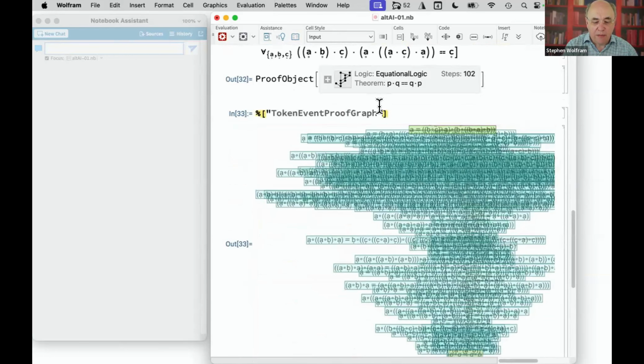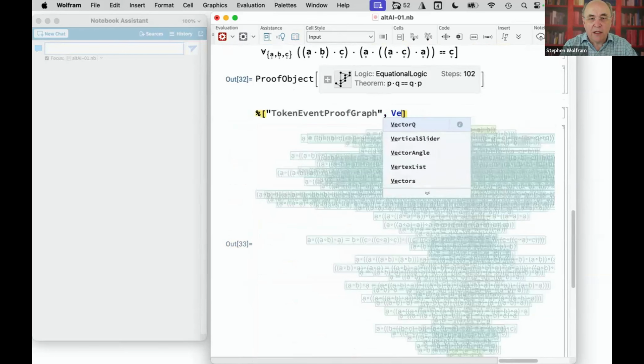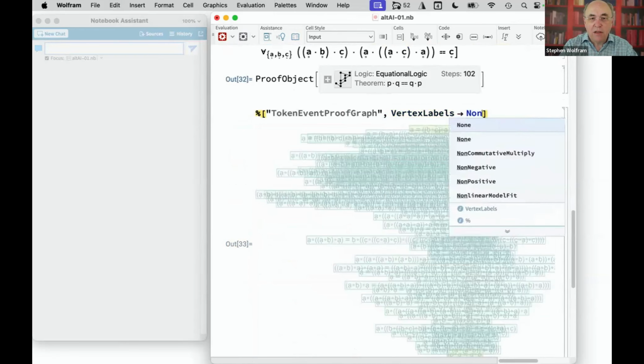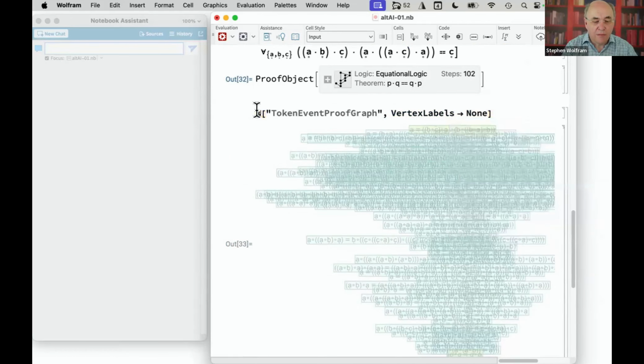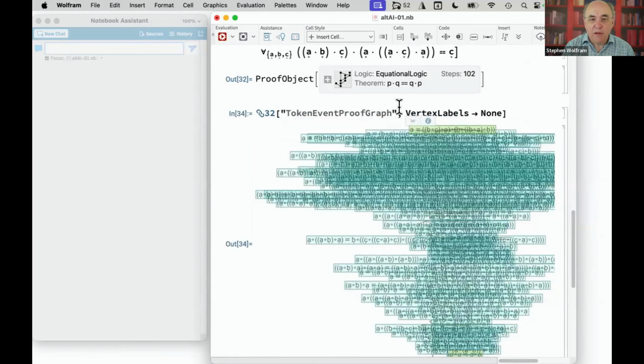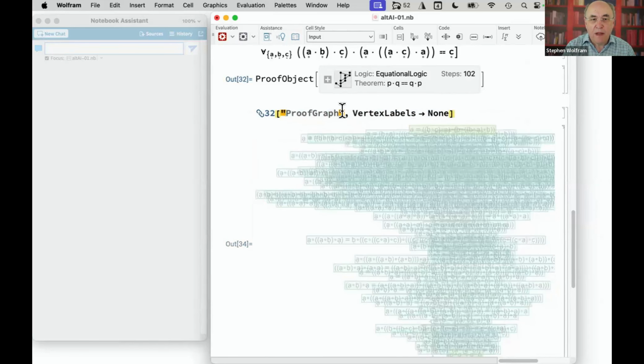Maybe I could set the vertex labels to None, and then make that line 32, great. Maybe that will be easier to read. Oh, no. Okay, well, let me just use a proof graph here.